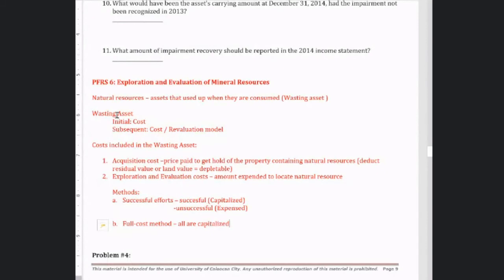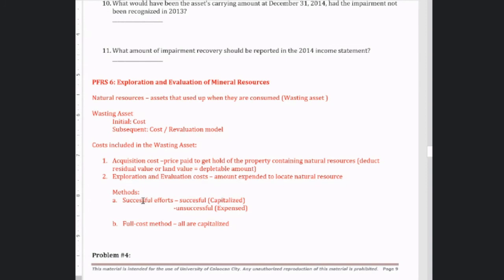So ibig sabihin, acquisition cost, kunin mo lang yung price paid, less mo lang yung mga residual and land value for you to come up with the depletable amount. Pero sa exploration and evaluation cost, you need to know the method used, successful efforts method ba or full cost method.